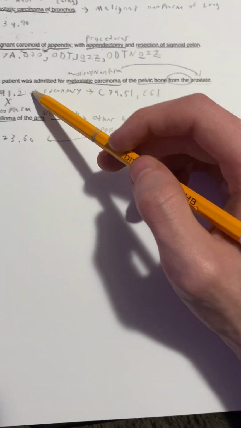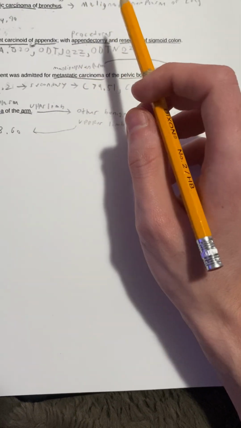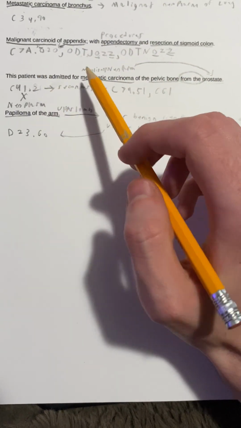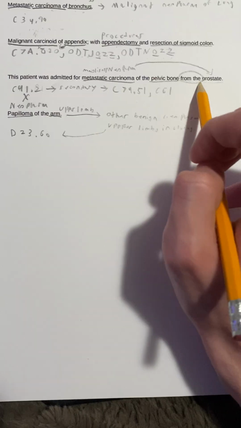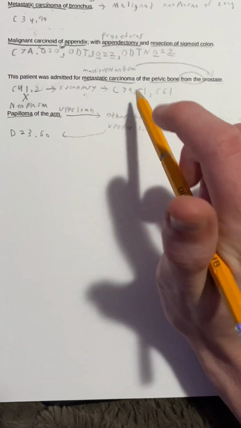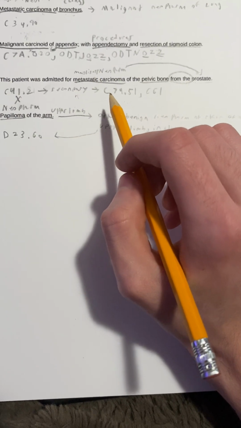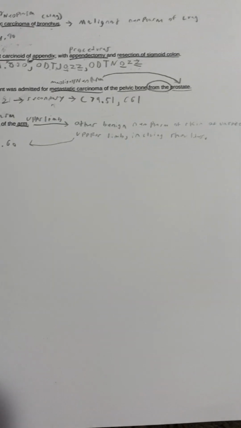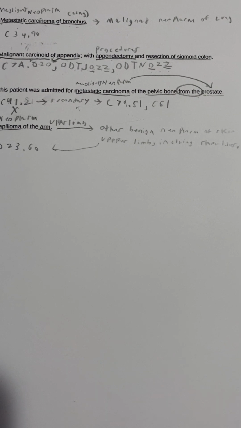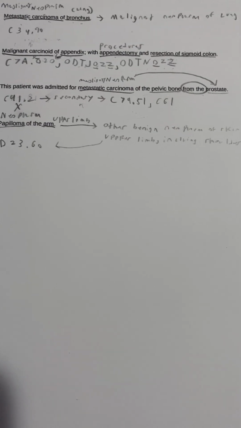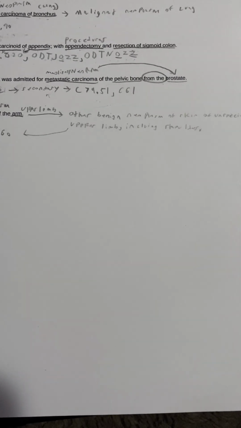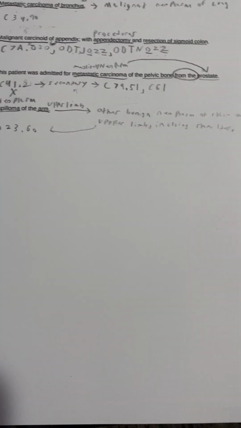I did think it was C41.4, so, yeah, C41.4, but then I saw the word "from", which is a secondary term, which did get me to C79.51, which dictates secondary malignant neoplasm of the bone.